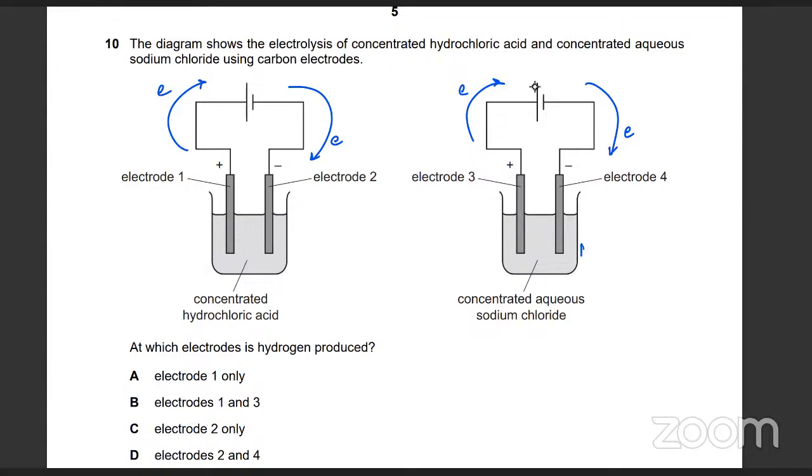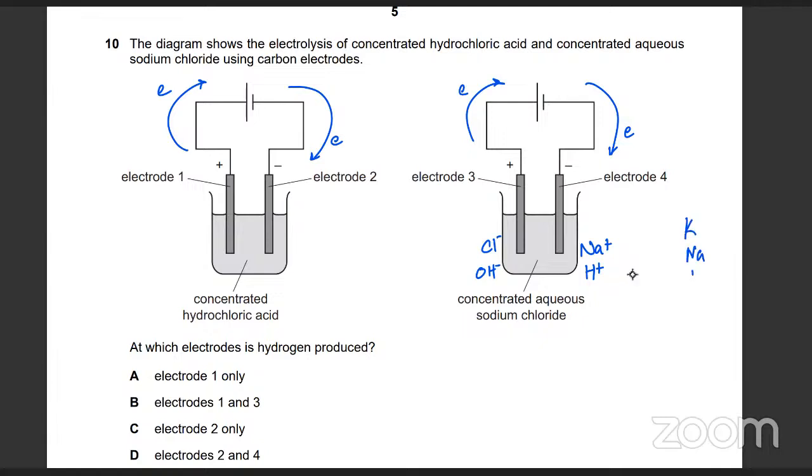You've got Na+ and Cl-, and you've got H+ and OH-. So who's going to gain electrons? The electrons are coming in. Who's going to gain them? Na+ or H+? Who gains electrons?